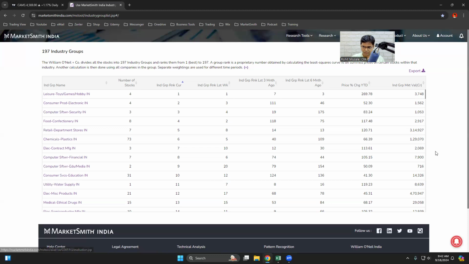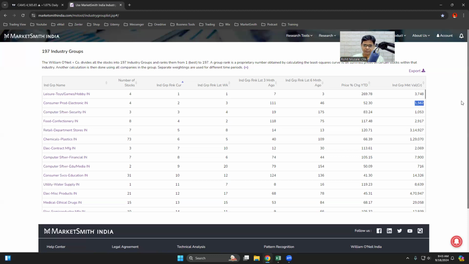You look at this industry group, see 3 lakh 14,000 crore market cap. So this is a huge industry. This only has 7 stocks. But this industry is multiple times bigger than this. It's like comparing Jupiter with the Earth. You could fit multiple Earths in Jupiter, and you could fit multiple Earths in the Sun.